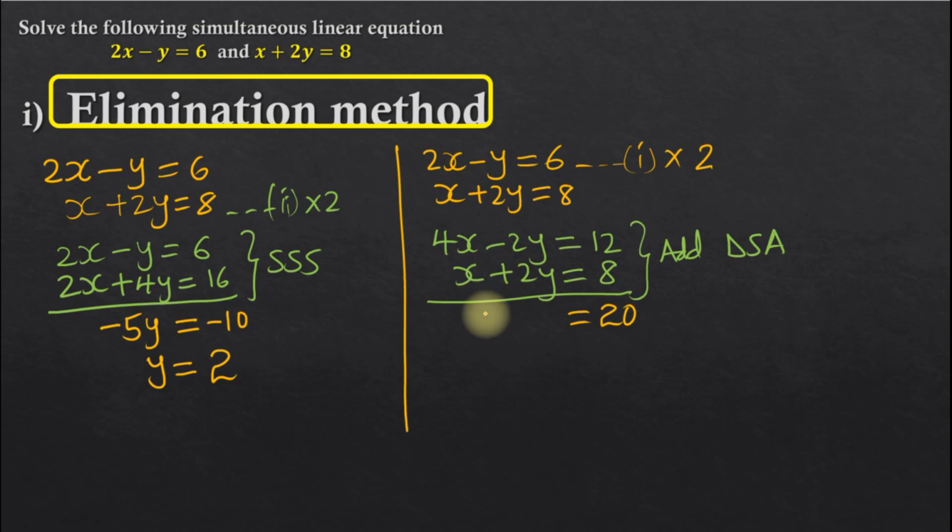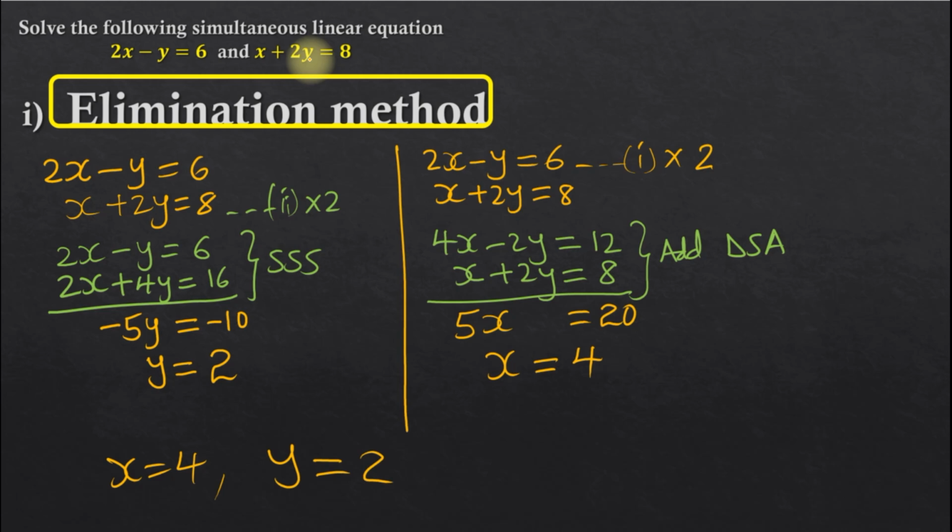If we add, we eliminate it completely. So 4x plus x is 5x. To get x, divide both sides by 5, so x will be 4. In other words, x is 4 and y is 2. Try to substitute into the equations, and you still get that answer.